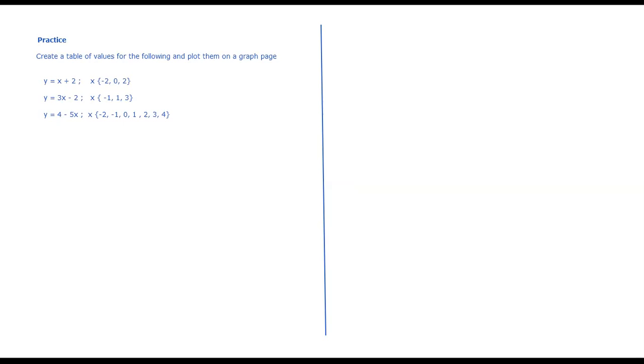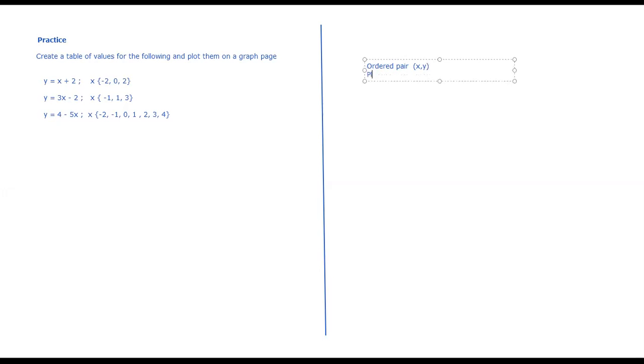Let me just get my typing tool out. Just to recap, we looked at ordered pairs today, so you need to be able to identify what ordered pairs are. They're usually made up of x and y values. The first value is my x coordinate. The second value is my y coordinate.